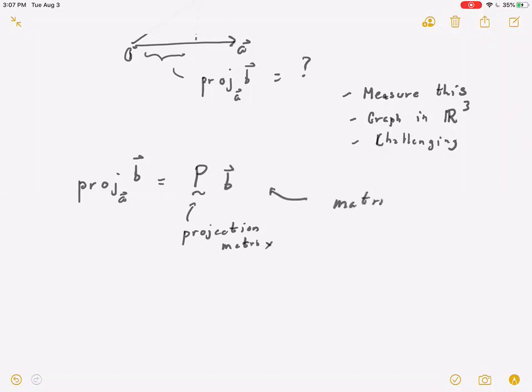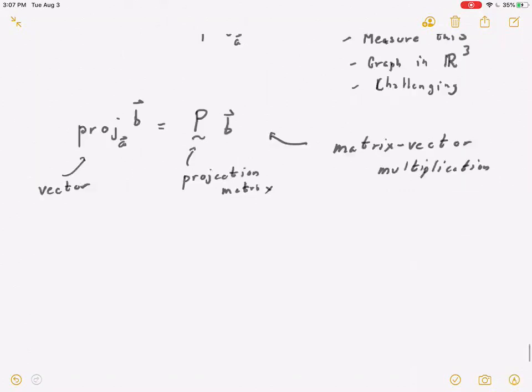So again, all our linear algebra is going to be coming into play. This is just matrix vector multiplication. And when you multiply a vector by a matrix, you have to get a vector. So this thing on the left-hand side is clearly a vector. We've discovered that this projection matrix is simply the following creature.